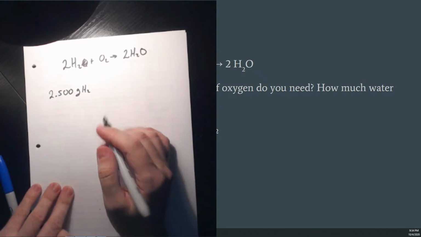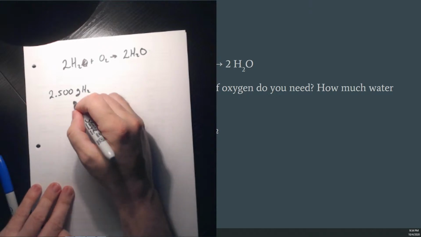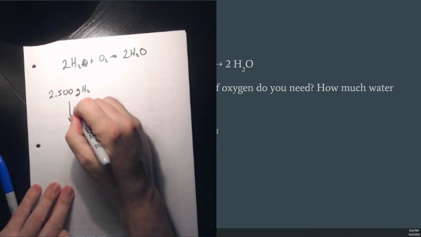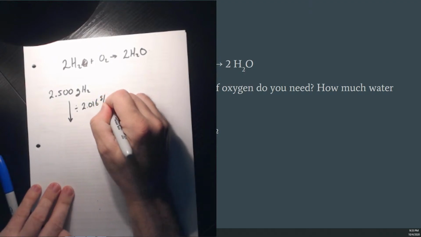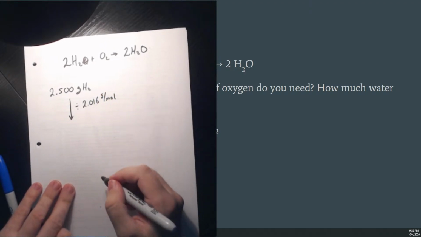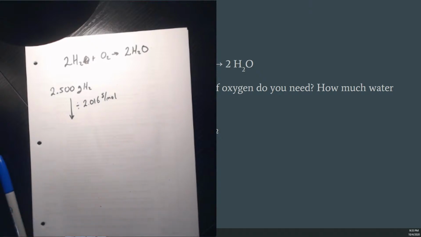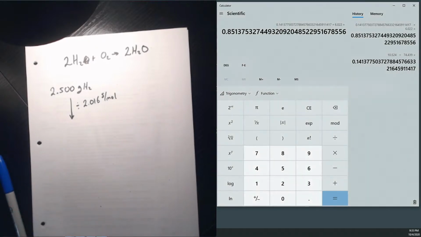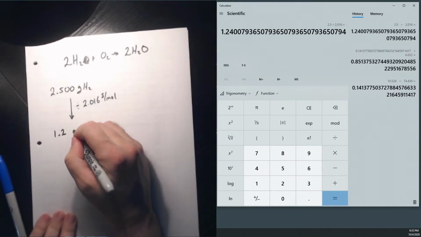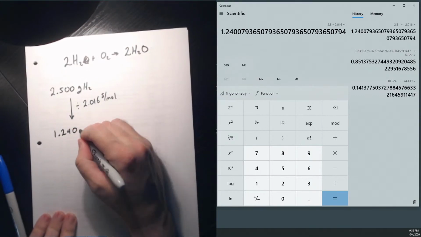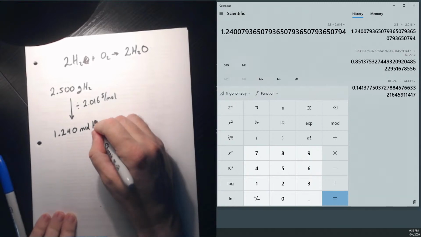First thing we do is we convert that to moles. We divide by the molar mass, which is 2.016 grams per mole. Bring up my calculator. 2.500 divided by 2.016 gives us 1.240 moles of hydrogen.